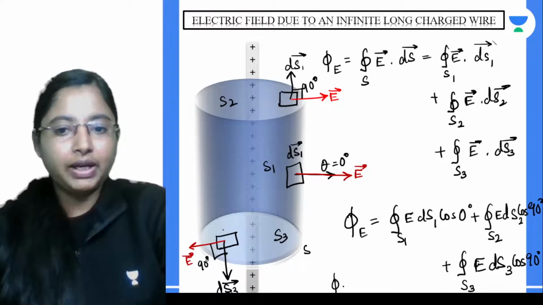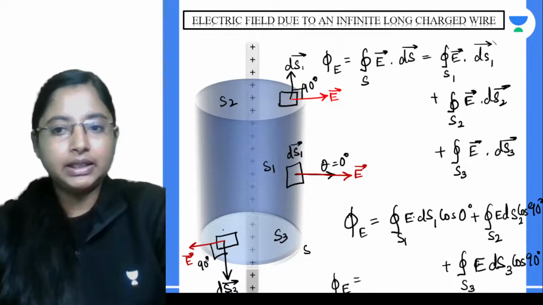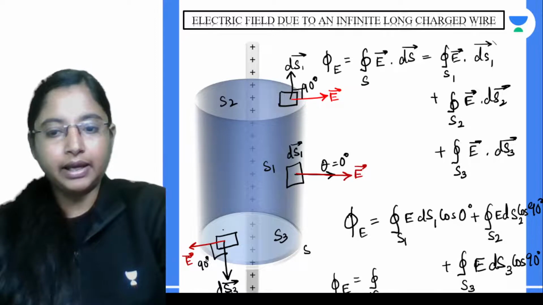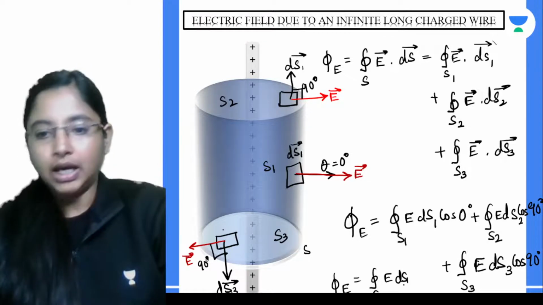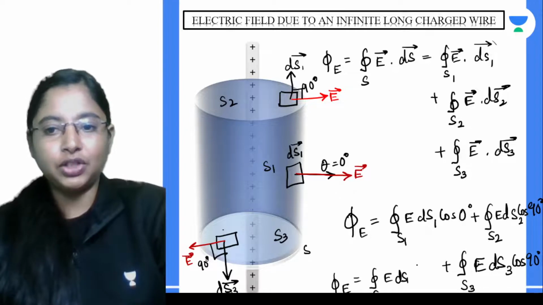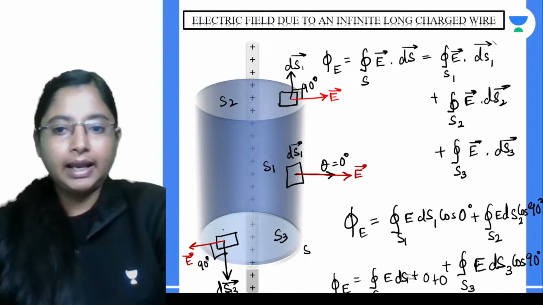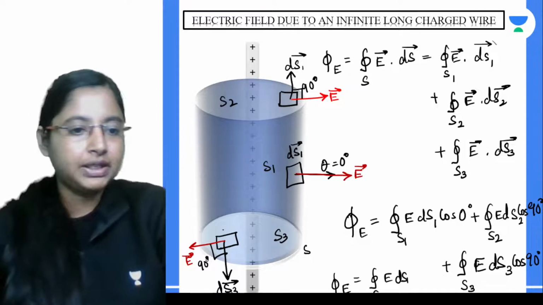So all we will have is the integral over the surface S1 of E ds1 into cos of 0, which is 1. So E ds1 plus, since cos of 90 is 0, the other terms are also 0. So we only end up having the electric field through the surface S1.